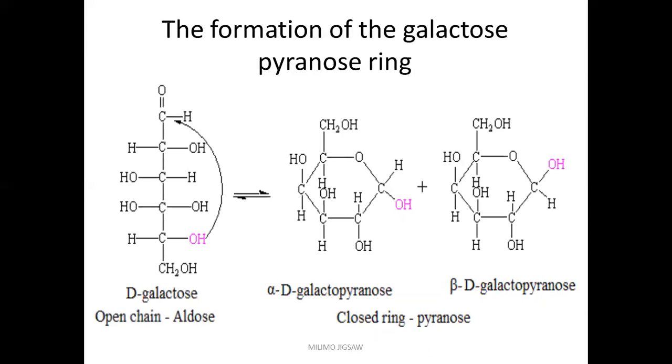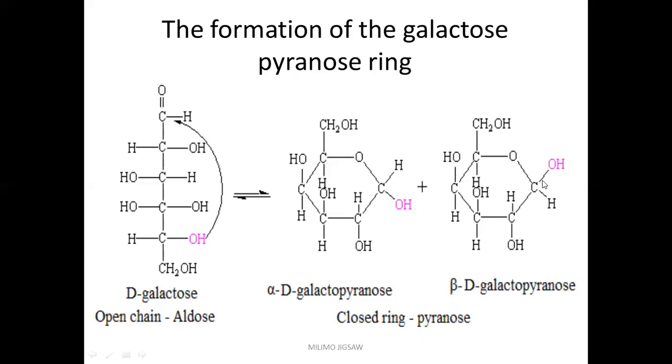So this is galactose. Remember, carbon 1 and carbon 5 will be involved in the reaction to form the galactopyranose ring. Carbon 4 in glucose, the OH is below the ring, but in galactose, it is above the ring. It is above the plane.